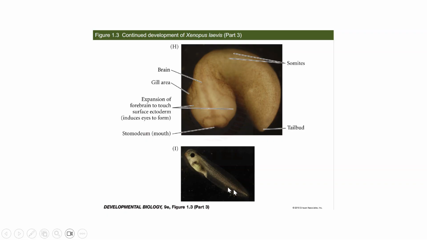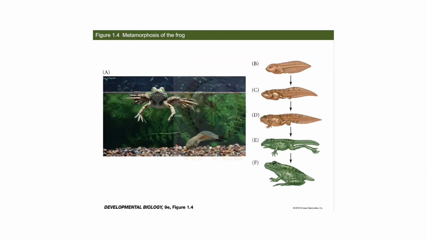There is a tail in the tadpole, which will be lost when it develops into a complete organism. These are all metamorphosis, which you will also study in the lecture series further. Metamorphosis is also a part of developmental biology.